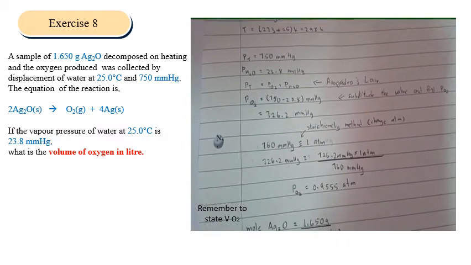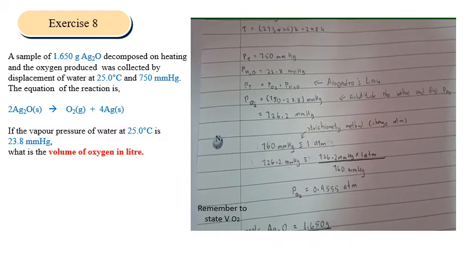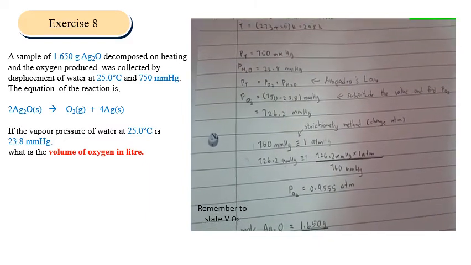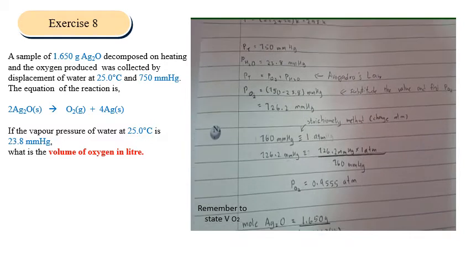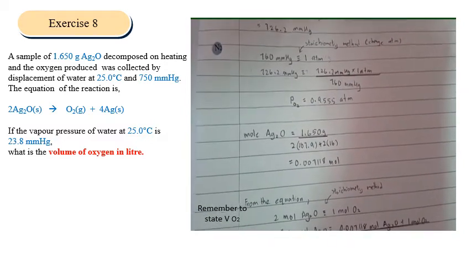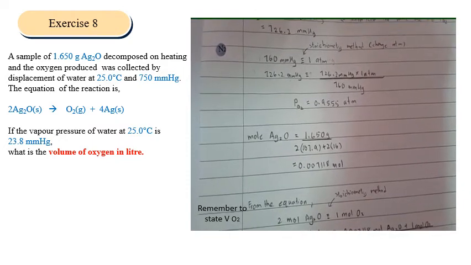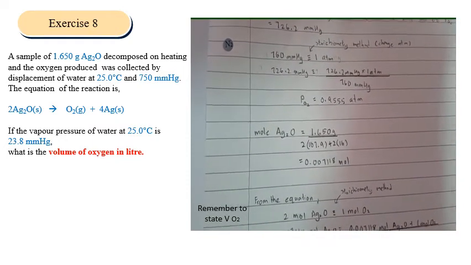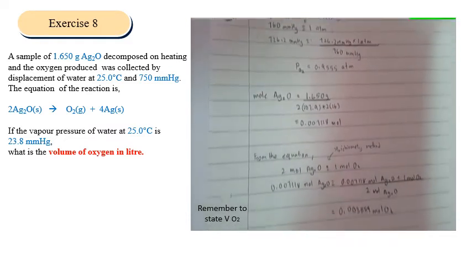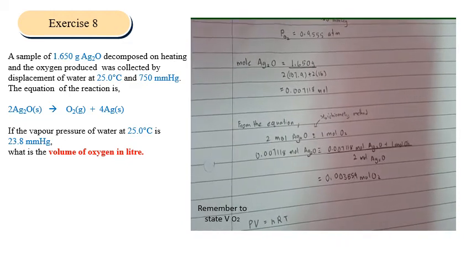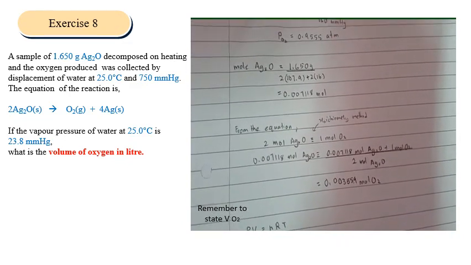Then we need to use the stoichiometry method. We change the unit from mmHg to atm. Then to find the mole of O2, we need to find the mole of Ag2O first, and using the same stoichiometric method we can find the mole of O2.